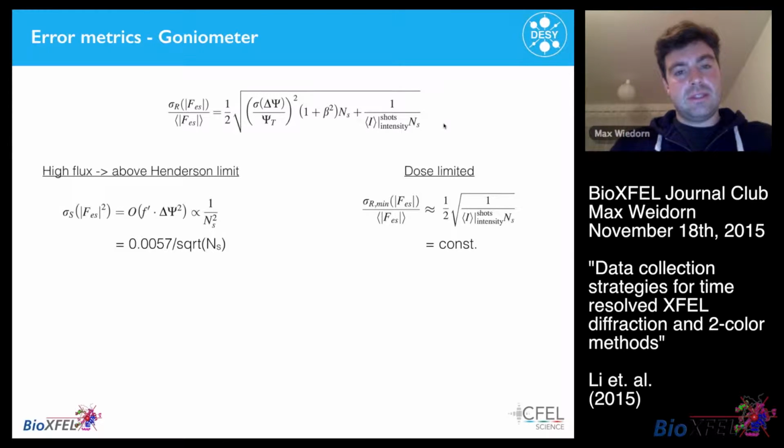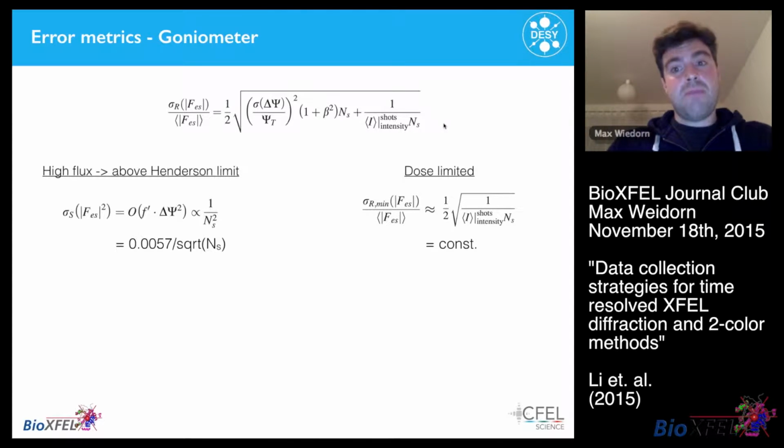So whether it's the standard Monte Carlo approach or the high flux Twocolor, again, your error scales down with square root of n. But again, the prefactor is really, really low due to the fact that you probe the same crystal over and over, and therefore you already know the orientation and the crystal effects.